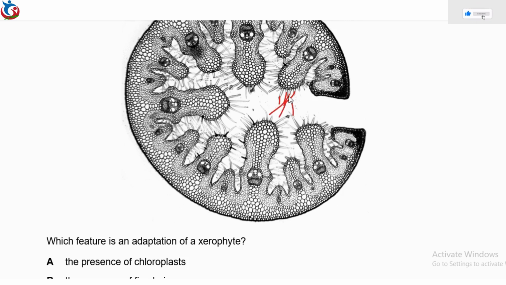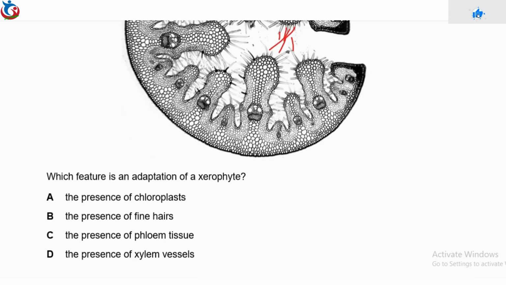This is a special feature in xerophytes to prevent water loss in the plant. Looking at these characteristics now, they have fine spines, fine hairs in the leaf.